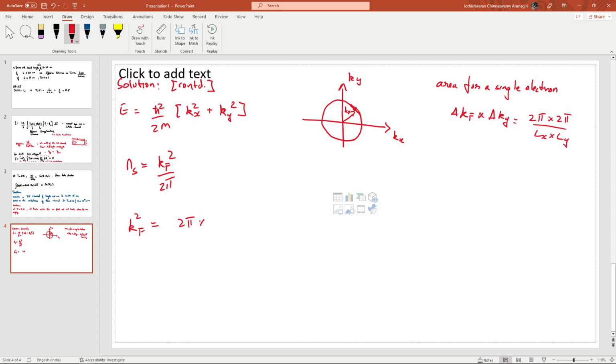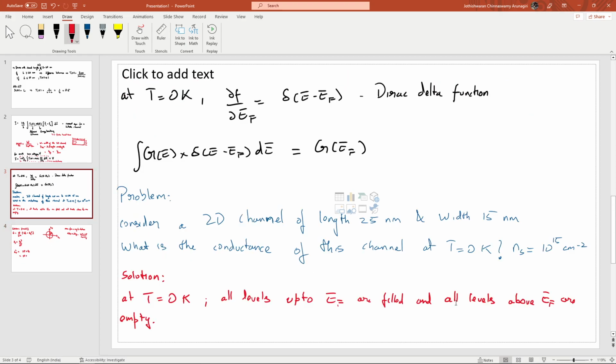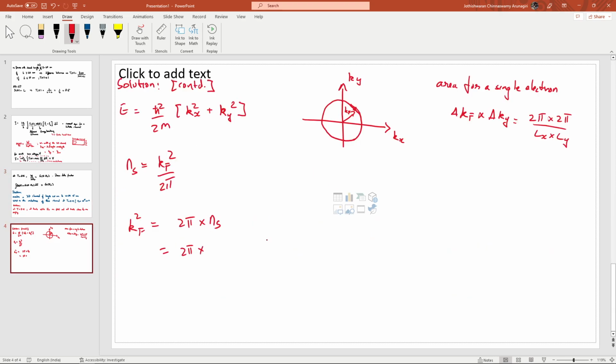It is 2 pi into ns. For this problem, I've told you ns is 10 to the power 15 per centimeter squared. Let us keep it in SI units, so this will be 10 to the power 21 per meter squared.